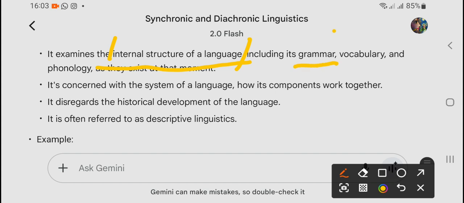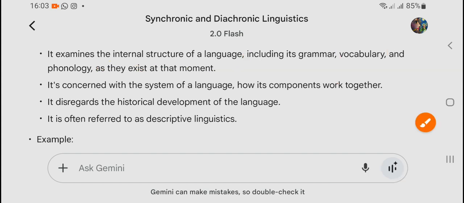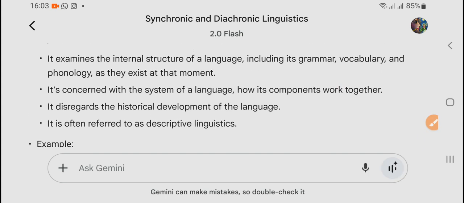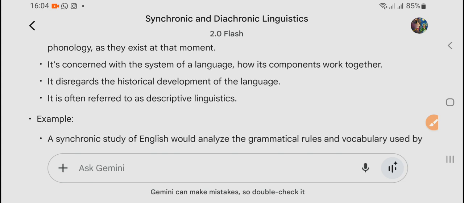Internal structure means grammar, vocabulary, then phonology, which means sound, how these sounds are improved. We have discussed phonology, like insertion, deletion, the different processes through which we polish our tongue, as they exist at that moment.